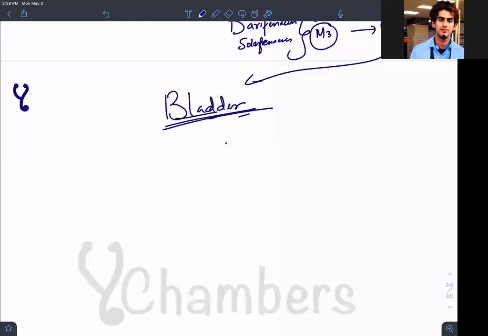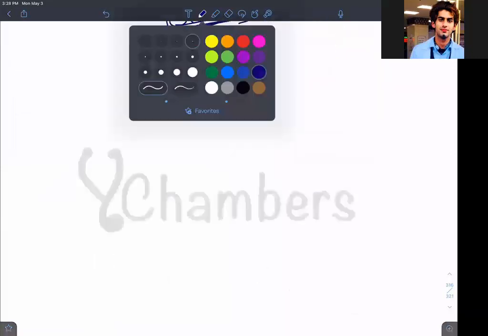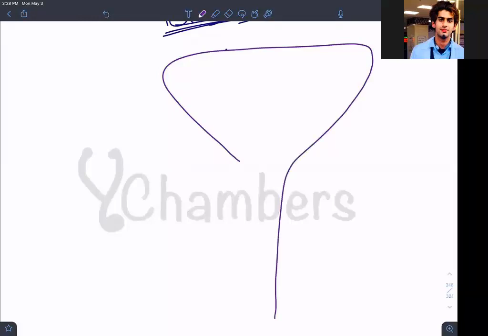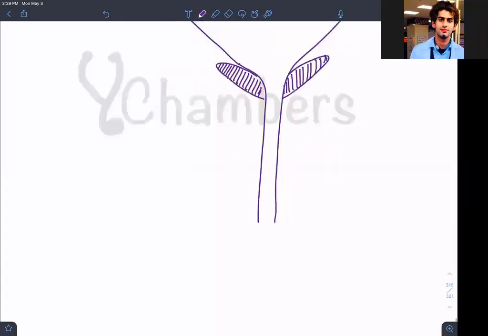Now, if you go into the structure of the bladder, this is forming a trigone. So you have this internal urethral sphincter. Let me make a clean drawing for you so that you can remember it for whole life.